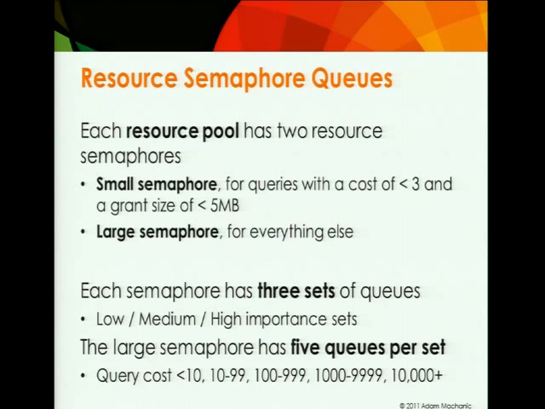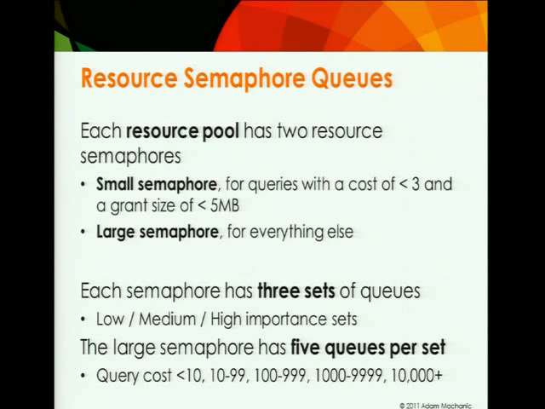Now, both of these semaphores have 3 internal sets of queues. A low importance one, a medium importance one, and a high importance one. And these align with the importance level specified in the resource governor workload group. So the small semaphore has just one set of these 3 low, medium, and high importance queues, and there's priority there.